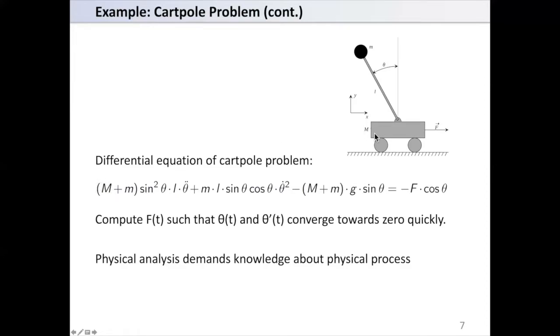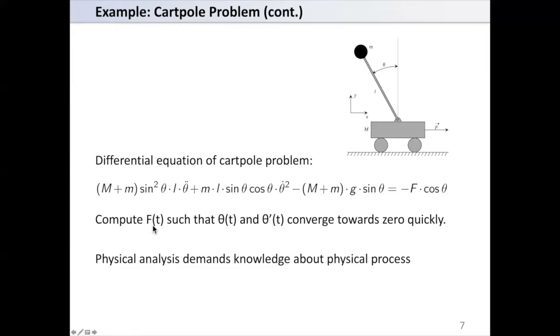M, the mass of the foot, plus M, the mass of the head, multiplied by sine squared theta, where theta is the angle of the rod and the vertical axis, multiplied by L, where L is the length of the pole, and the second derivative of theta, plus M multiplied by L multiplied by sine theta, cosine theta, multiplied by the first derivative of theta squared, minus M plus M multiplied by G multiplied by sine theta, is equal to minus F multiplied by cosine theta.